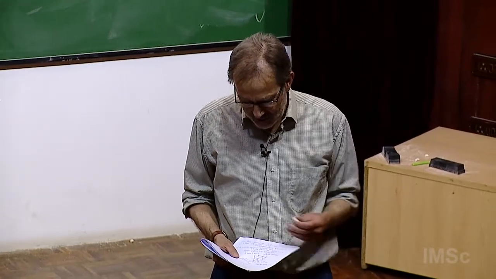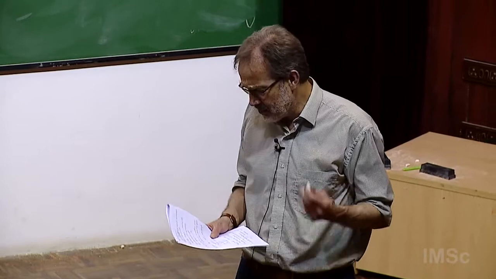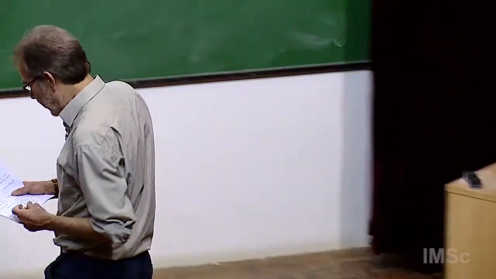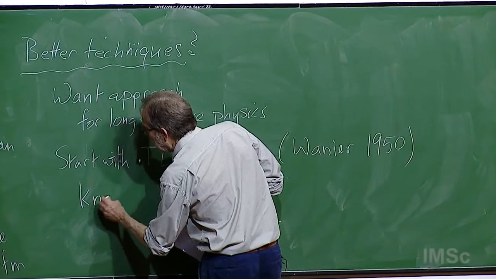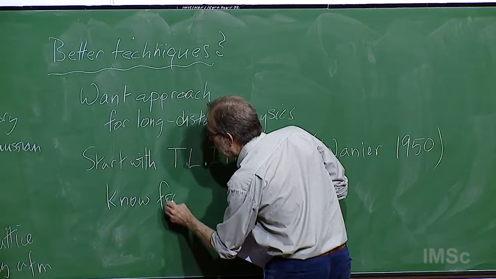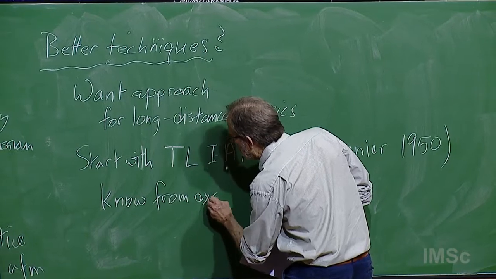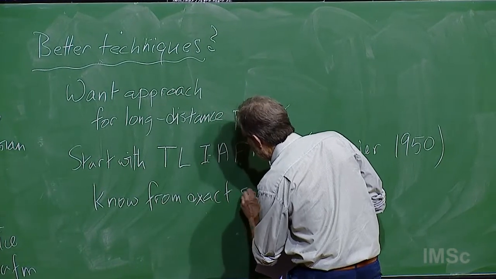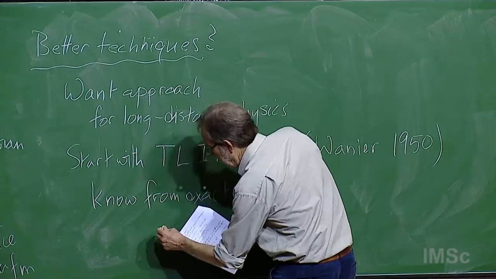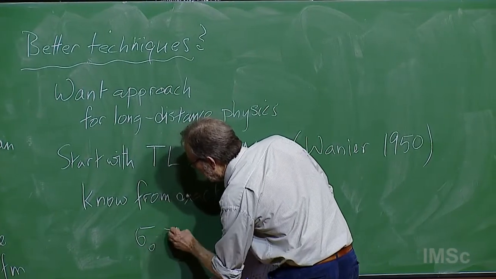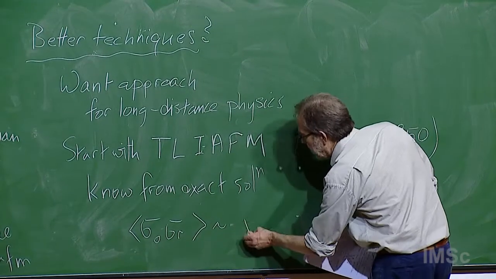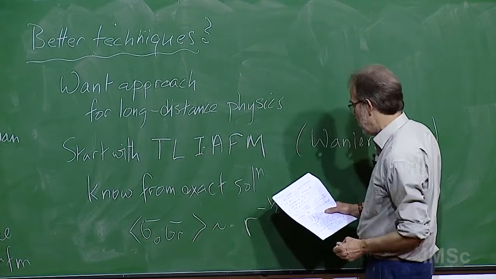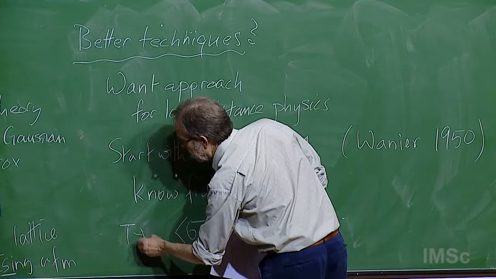Of course, in principle, you can get correlation functions also from the exact solution, and I think this was not Wannier, but in later work, what we know from the exact solution is that the correlation functions go like r to the power minus a half as temperature goes to zero.